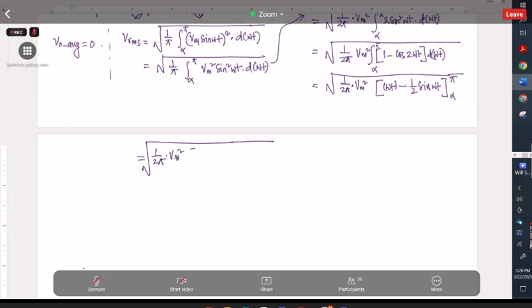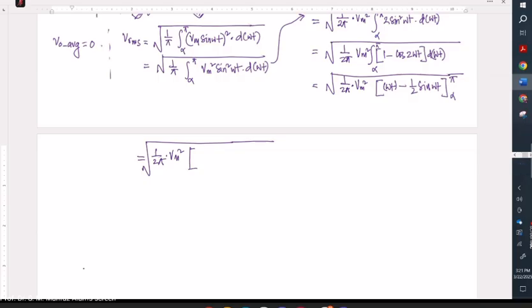And if you put in omega t, it should be pi minus alpha, and then half sine 2 pi is what? Sir, 0, right? Sine 2 pi is 0. And then you have a minus term in the front, so it should be plus half sine 2 alpha.